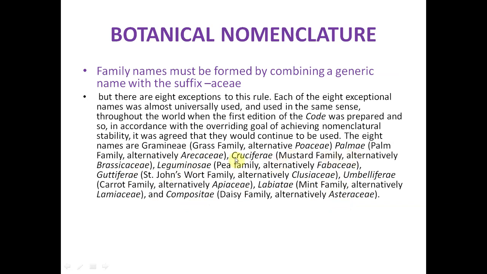So these 8 families are exempted from this rule of using the suffix ACEAE: Gramineae, Palmae, Cruciferae, Leguminosae, Guttiferae, Umbelliferae, Labiatae, and finally Compositae.